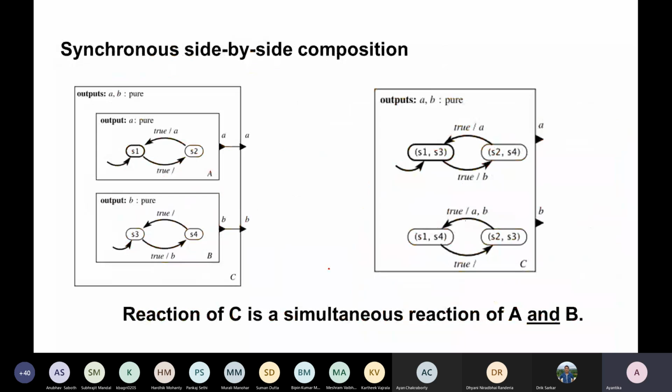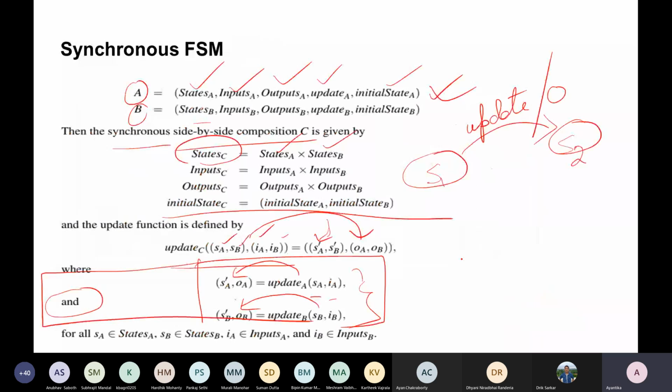This is your A. See, you can see this is your A. These are having states S1 and S2, and B, you are having the states S3 and S4. Now you are combining, you are fusing these states and you are generating C. Okay. That means, again, by the definition, states of C you can form by pairing, taking states from A and states from B. So the same thing we are doing here.